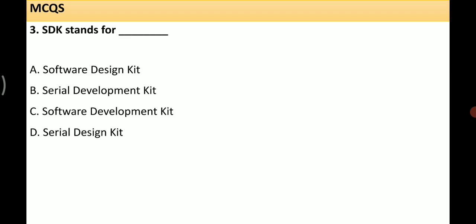Third question: SDK stands for? Option A, software design kit. B, serial development kit. C, software development kit. D, serial design kit. The correct answer is software development kit. So SDK stands for software development kit.